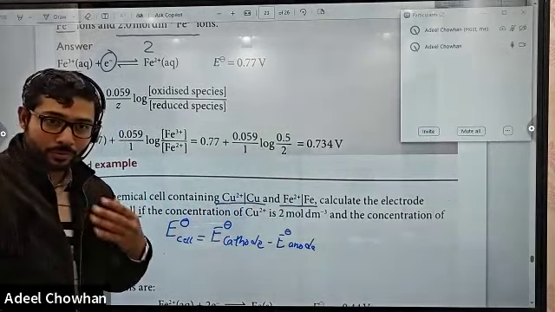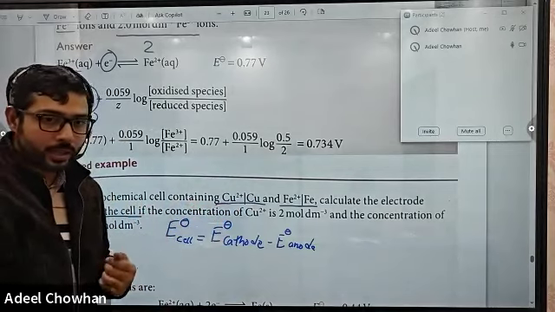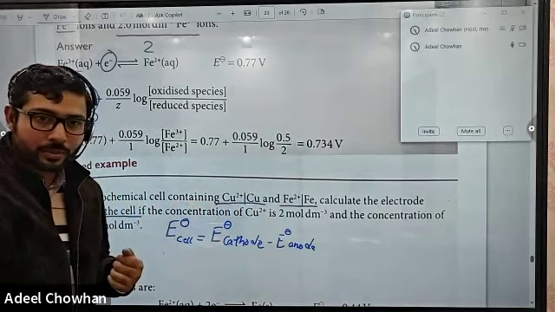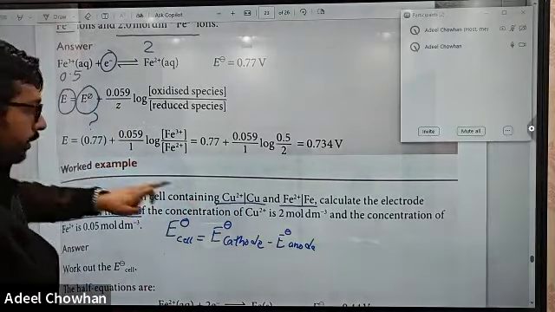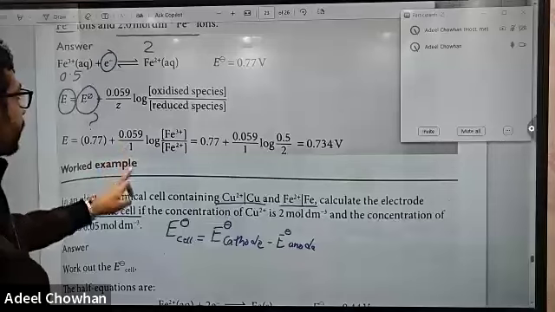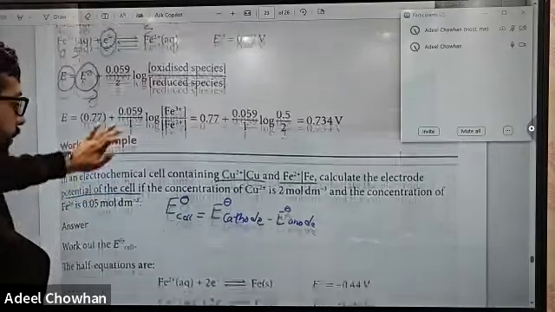So which values do we take the help of to find the cathode and anode? Exactly. We make use of the electrode potential values. So in the electrode potential values, you will see that the value of iron 2 plus ion is given in the electrochemical series.